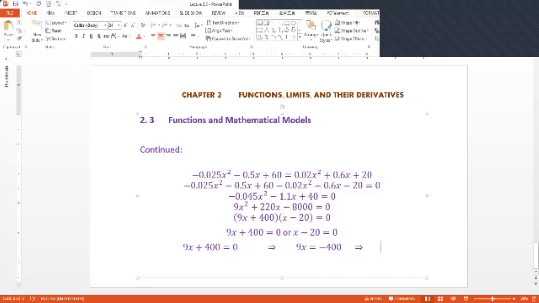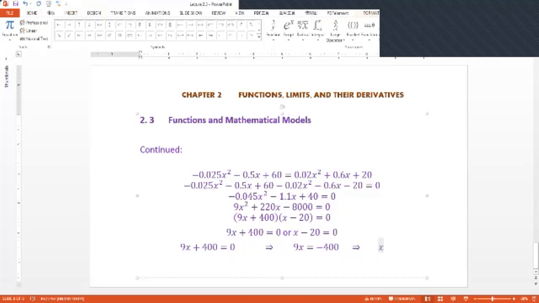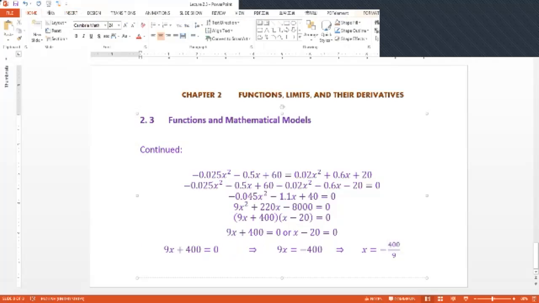So we got x equals negative 400 over 9. So that's one solution, but we have another equation to solve, and that will give us another solution.